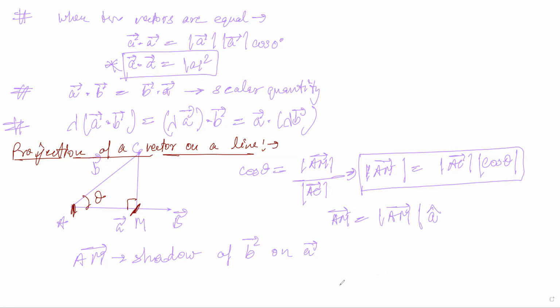And the magnitude of AM would be AC cos theta, so it would be the length of B, cos theta, into A cap.